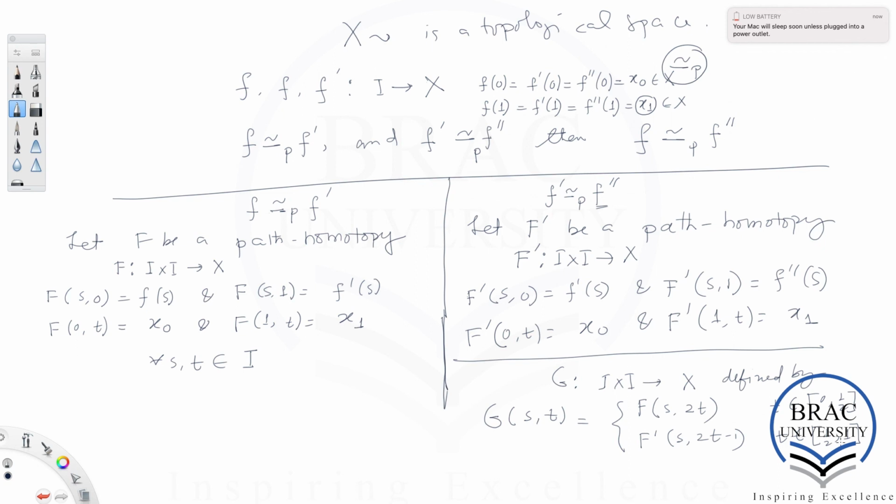And the claim is that this map G from I cross I to X is a path homotopy between f prime and f double prime. You can easily check it.